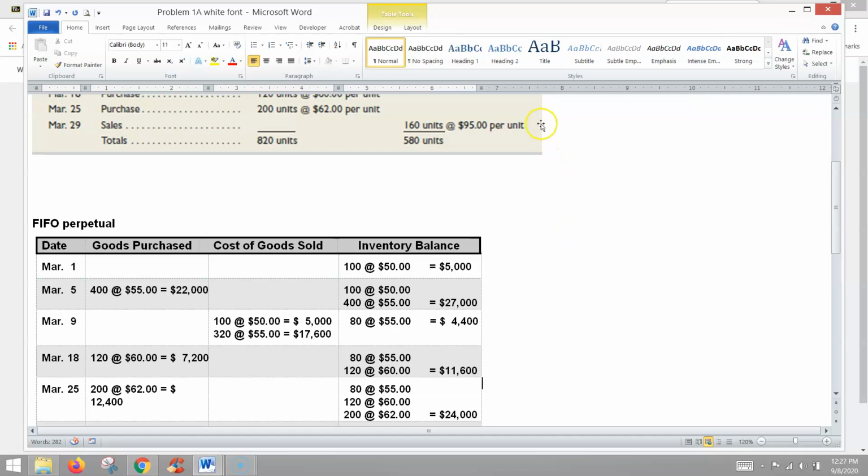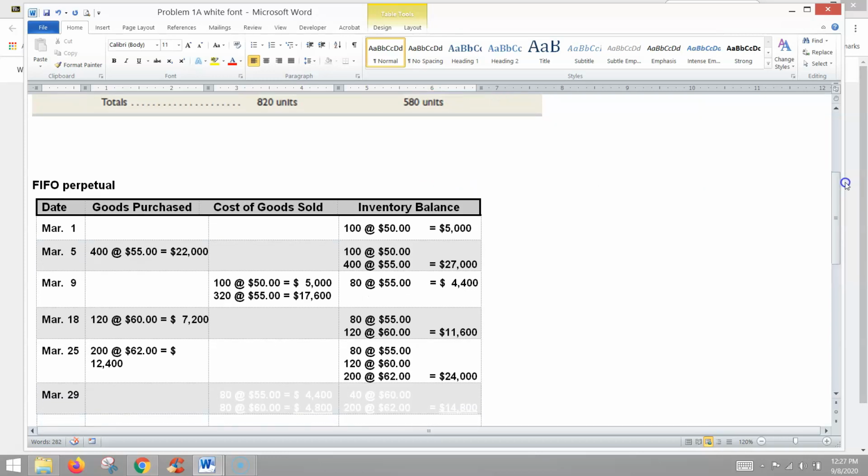Finally, on March 29th, we're going to sell 160 units. Again, the $95 is what we're selling it for, so we're not going to see 95 in our chart. We're going to determine the cost for these 160 units. Using FIFO, we're going to sell the oldest, the first one in, first. So we're going to sell this 80 at $55. We need 80 more, so that 80 is going to come from the second layer.